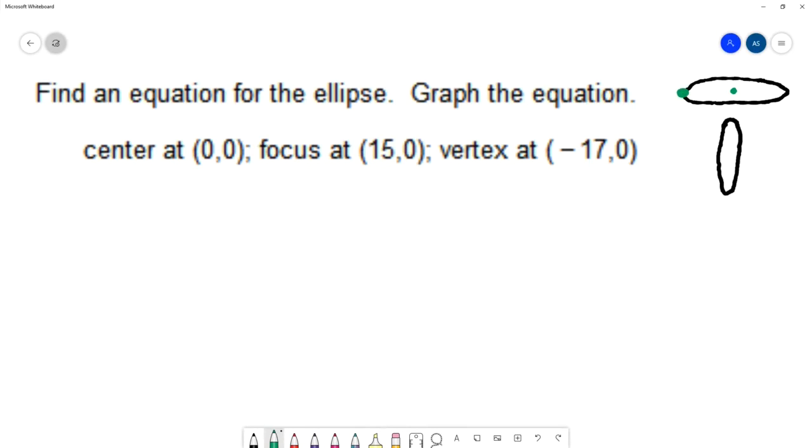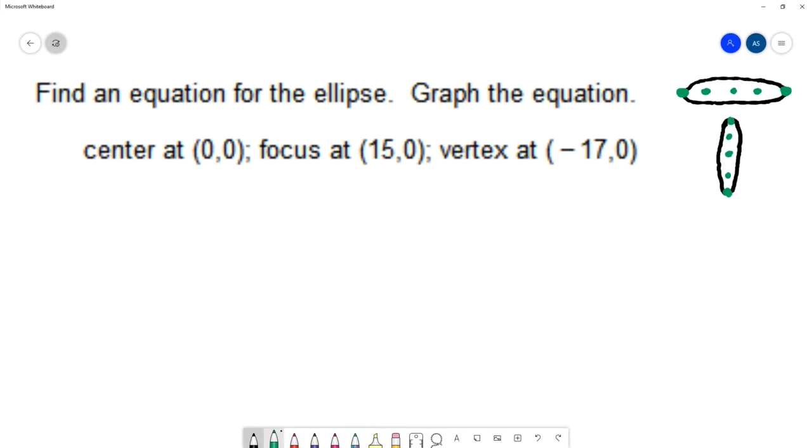So you're going to have vertices that lie on that horizontal line, and you'll also have foci that lie on that horizontal line. So if you have your center, your focus, and your vertex lining up horizontally, you know you have a horizontal orientation. When your orientation is vertical, you'll have those important features lining up vertically instead, along the same vertical line.